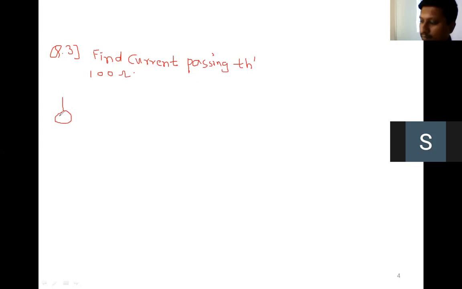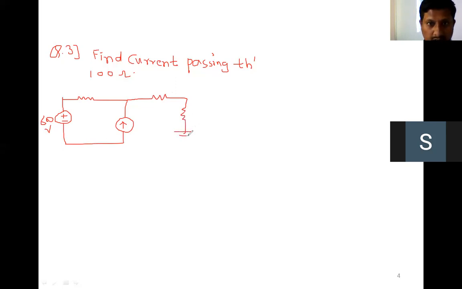So I will draw the circuit diagram. This is 60 volt. This resistor has a value of 20 ohm.